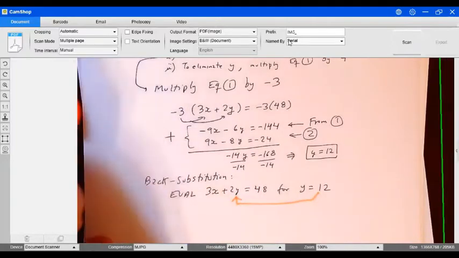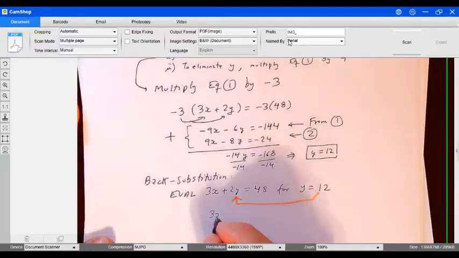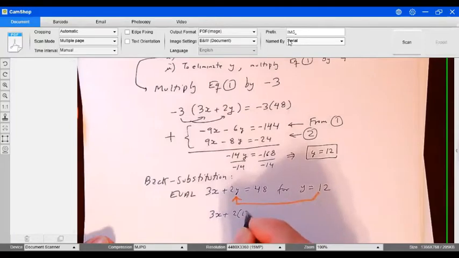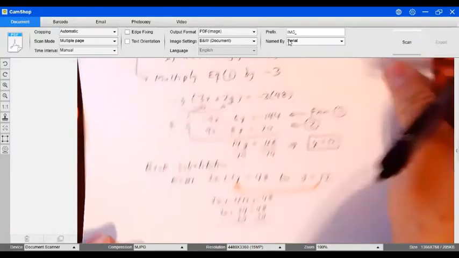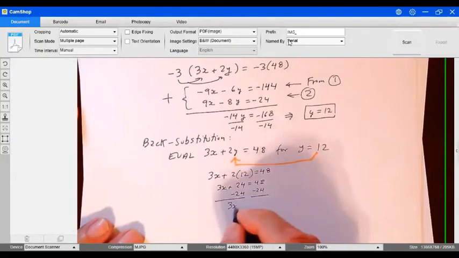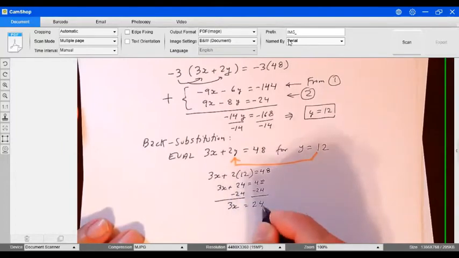So that gives us 3x plus 2 times 12 is going to be 48. 3x plus 24 is 48. We subtract 24, so we get 3x equals 24.